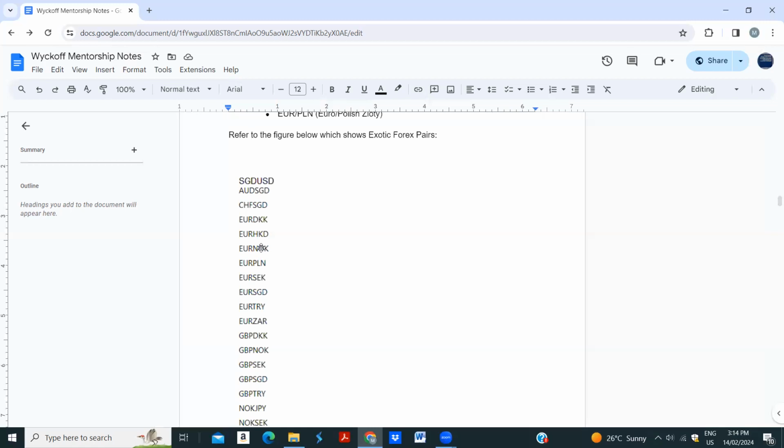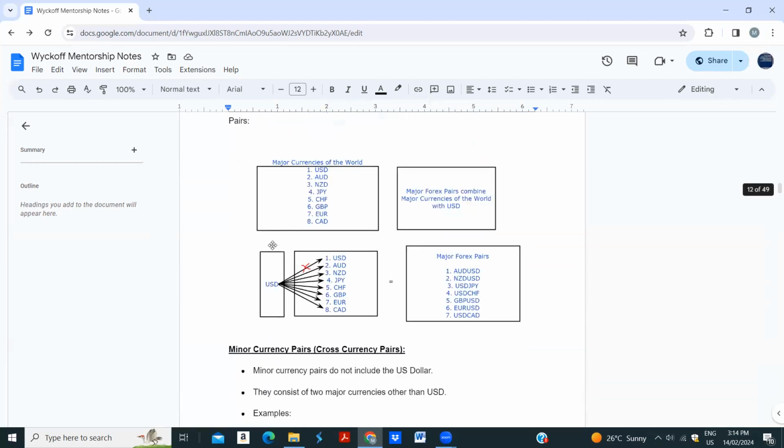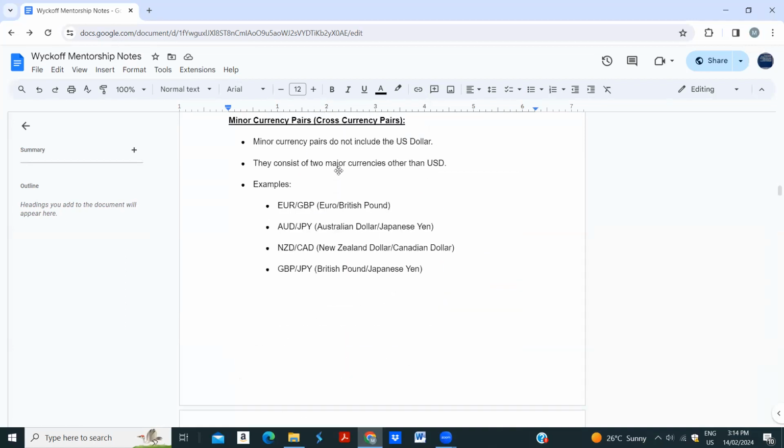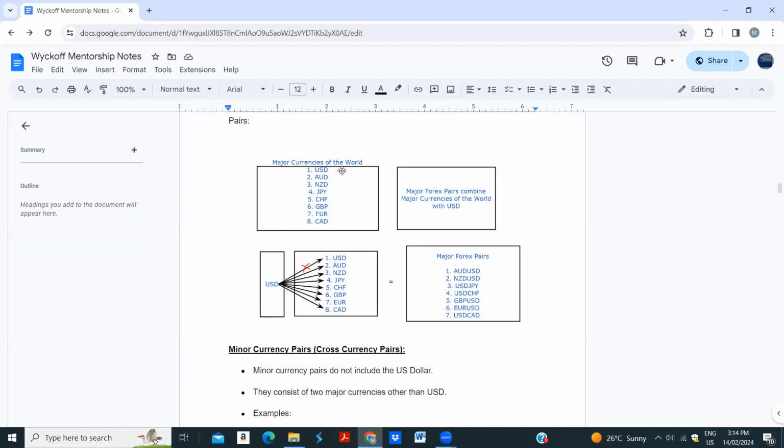In the major forex pair, we combine the major currencies of the world with the US dollar. In the minor forex pair, or the minor currency pair, we combine all major currencies of the world together, excluding the US dollar. And with reference to the exotic currency pair, we combine one of the major currencies of the world with a non-major currency of the world.